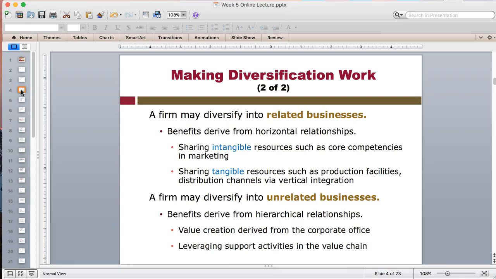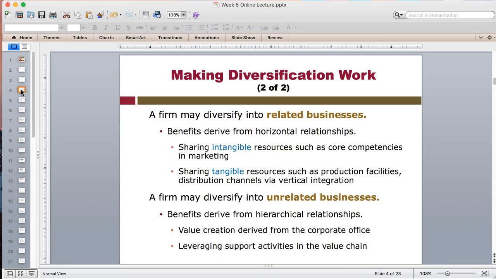Now, you can also diversify by getting into an unrelated business, and this is where you really rely on your corporate strength. And so if you think about the support activities, procurement, general administration, HR, where you are bringing those skills to an acquisition.